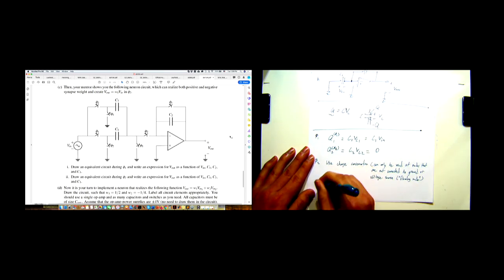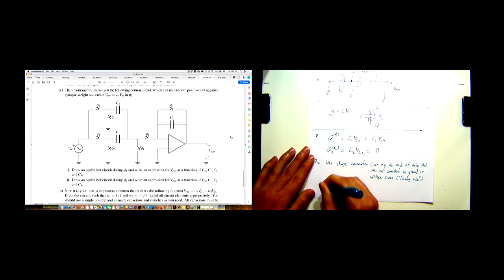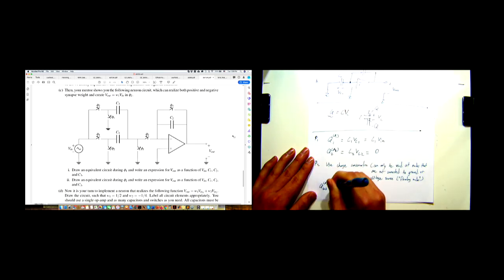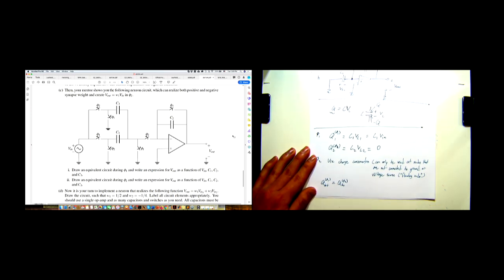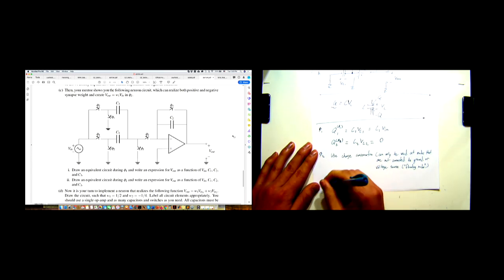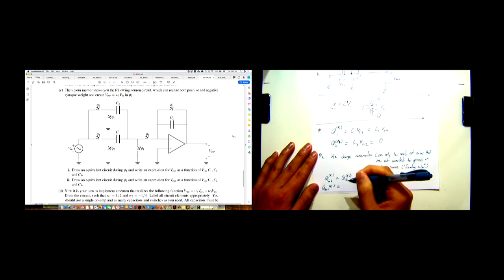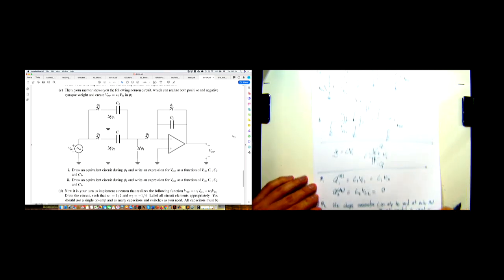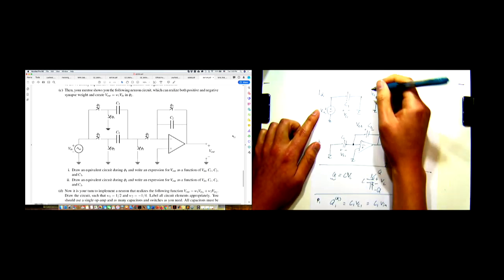So we have this equation. Now we're looking at this node. The total charge in phase 1 has to equal the total charge in phase 2. Looking at phase 1, the node is split between here and here.